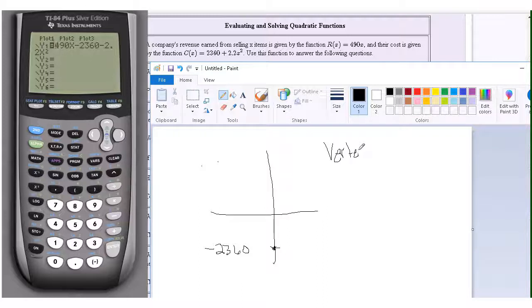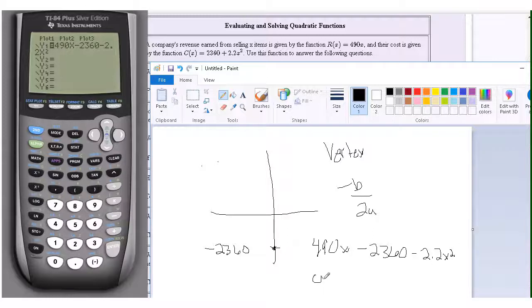I'm going to use my negative b over 2a formula to get the x value of the vertex. Let me write my formula over here. It was 490x minus 2360, and then minus 2.2x squared.